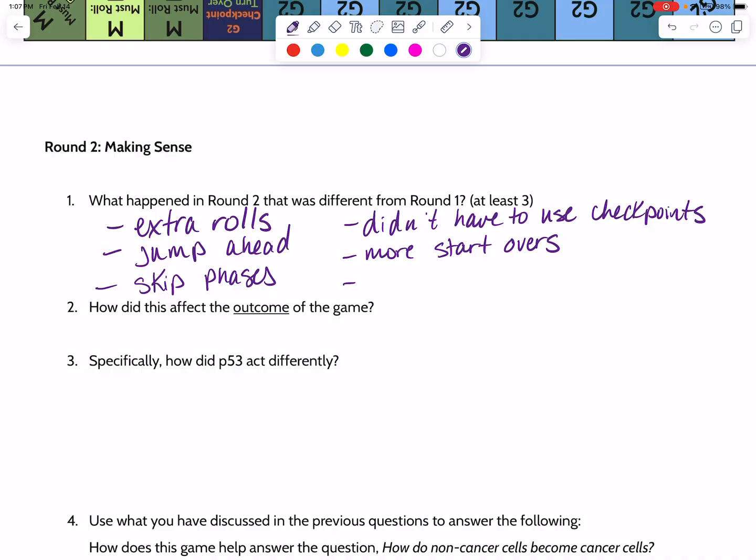And I felt like it was much faster paced. Like it seemed to go a lot faster. The outcome of the game was we got more red chips, right?